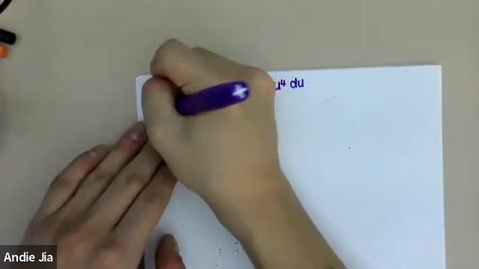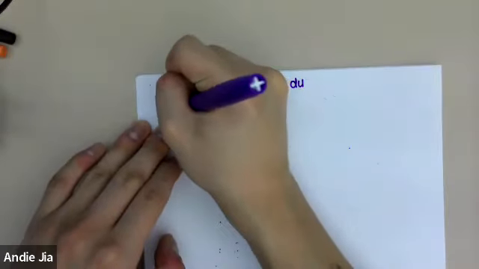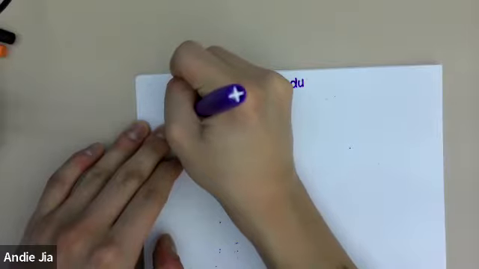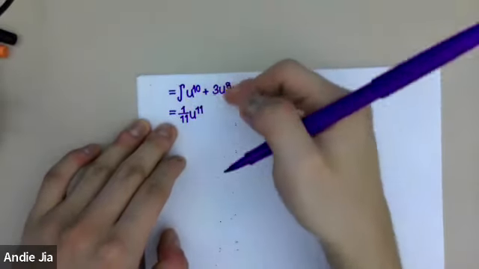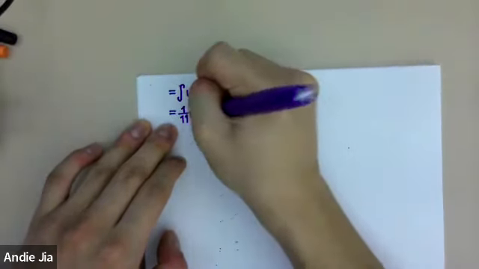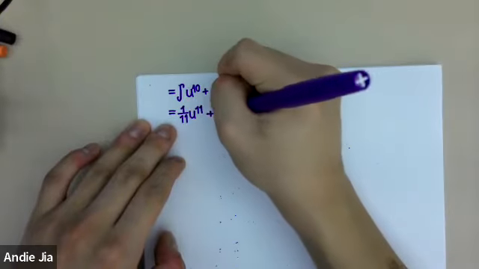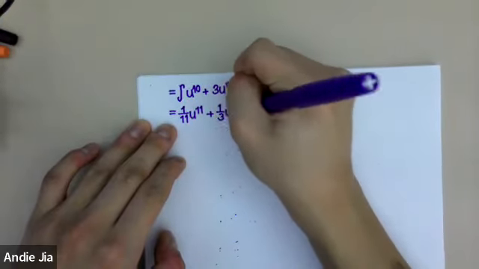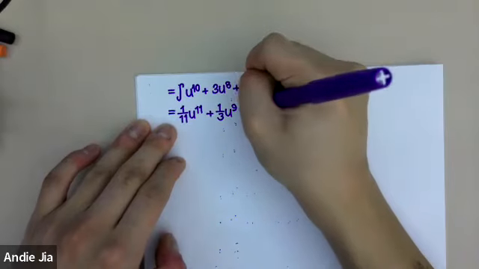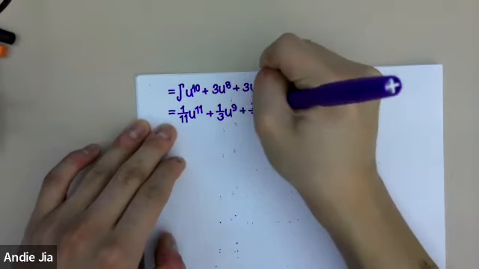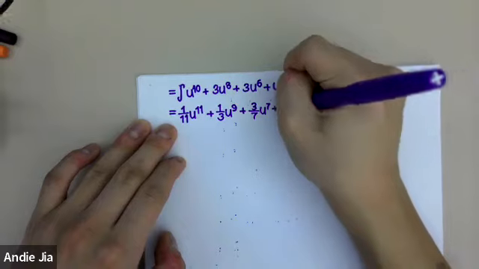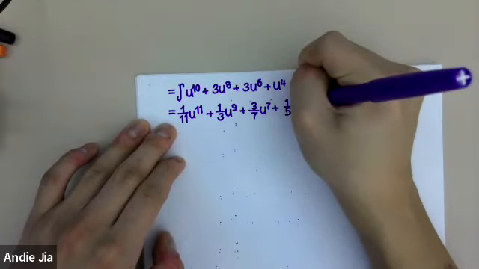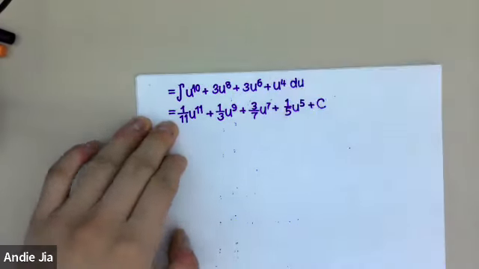As we expanded, we're just gonna get 1 over 11 u to the 11th plus 1 over 3 u to the 9 plus 3 over 7 u to the 7 then plus 1 over 5 u to the 5 then plus constant of integration.